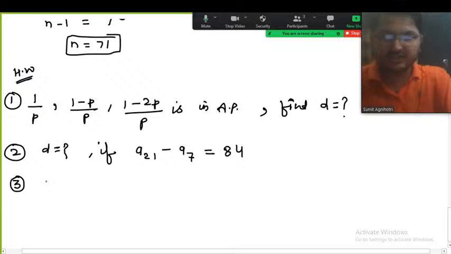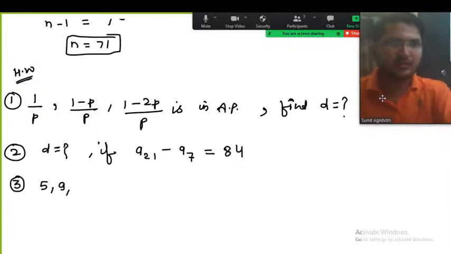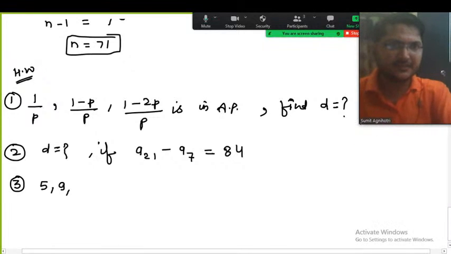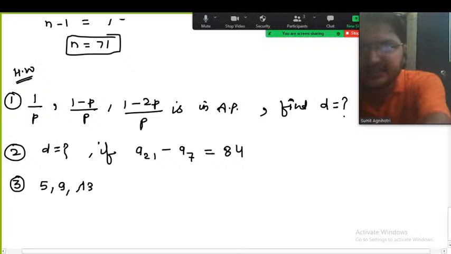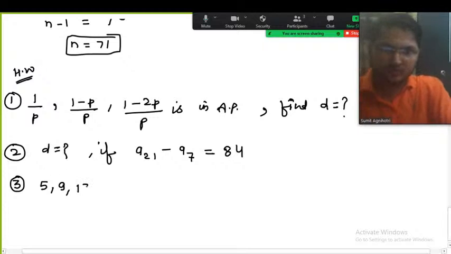In this question we are given a sequence of this kind: 5, 9, 13, and this sequence goes up to a value of 185. It's not a term, it's a value of 185.